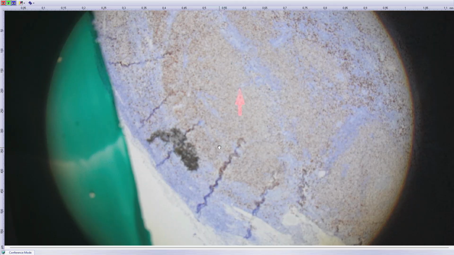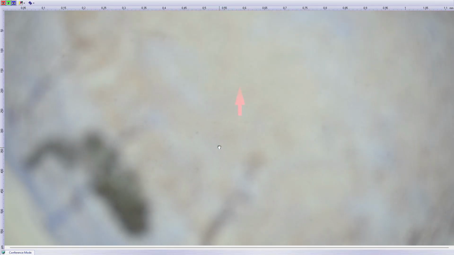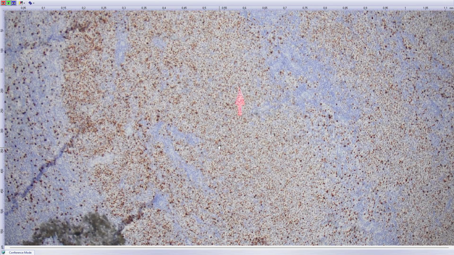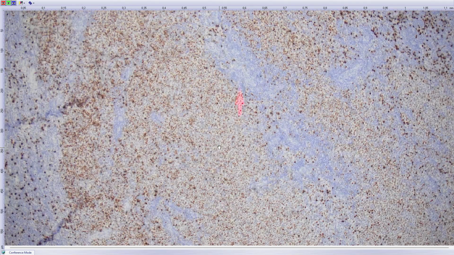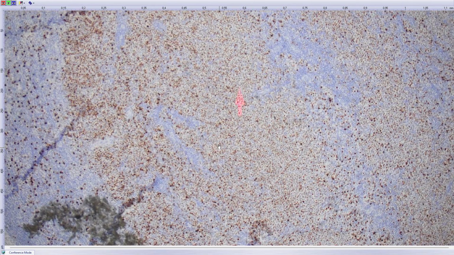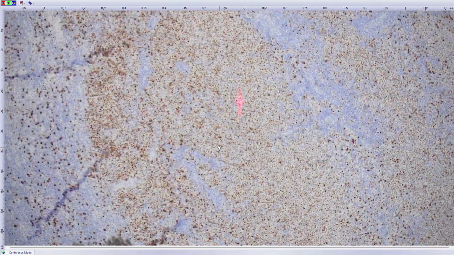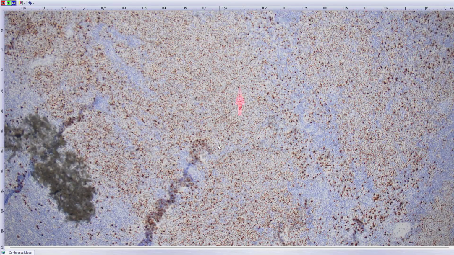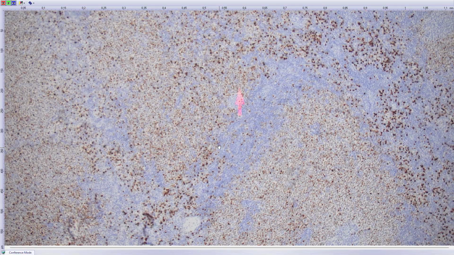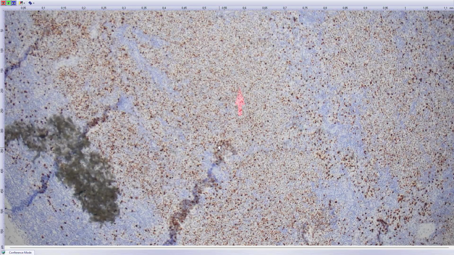I stained for MUM1, which is used as a marker of plasma cells or post-germinal B cells in immunohistochemistry, and it also stains T cells. But here you can compare to previous stains. It stains the tumor cells very strongly, which is not normal in follicular lymphoma.